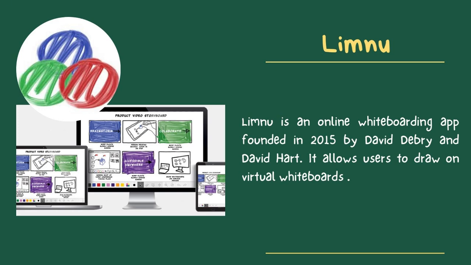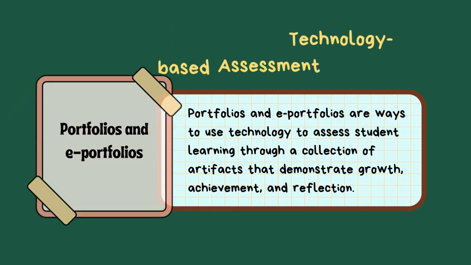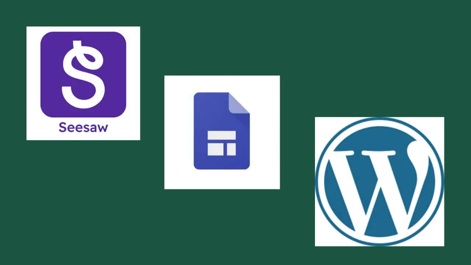Now here's an additional example in technology-based assessment. The first one is portfolios and e-portfolios. Portfolios and e-portfolios are ways to use technology to assess students' learning through a collection of artifacts that demonstrate growth, achievement, and reflection. You can use online platforms such as Seesaw, Google Sites, or WordPress to create and manage portfolios and e-portfolios that showcase students' work such as essays, projects, and videos.